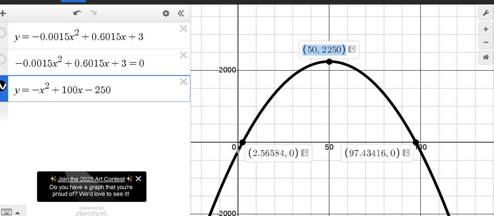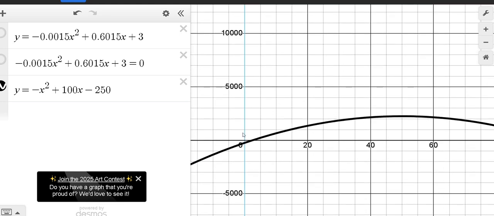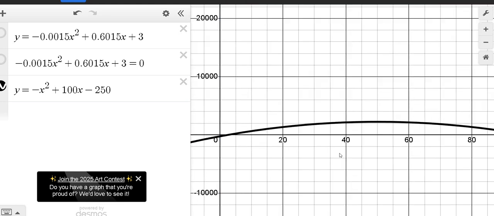Yes, Layla. It might be the window that you have. I'll take a look at it. But the windows that you have can make the graphs look different. For instance, I can make this graph look really flat, even though it's the same graph. That's because I've changed the scale on the x and y axis.